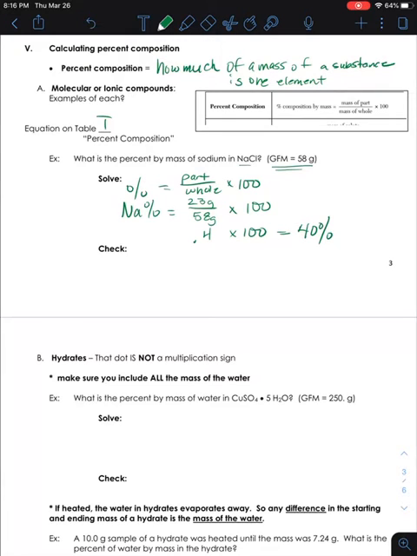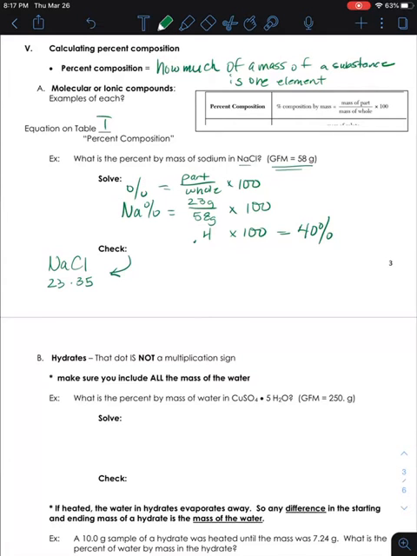You can also check your answer by looking at the actual masses. You can write NaCl and figure out that Na is roughly 23 and Cl is roughly 35. So yeah, it's about a 40% split. Make sure you're always checking your answers with the real world.